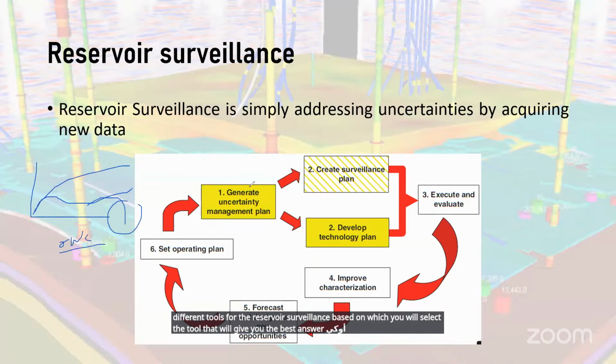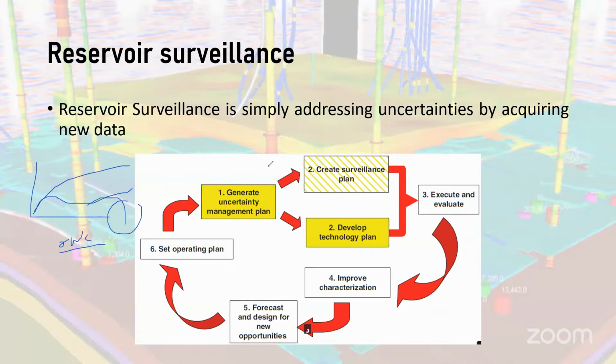Okay, so it starts with identifying the risk, the objective, or the decision that you want to take, based on which we will create a surveillance plan.